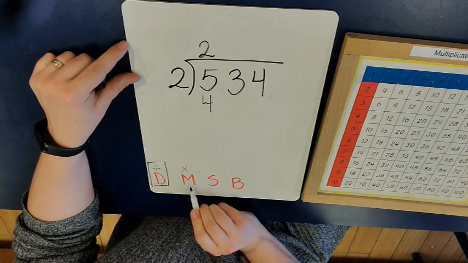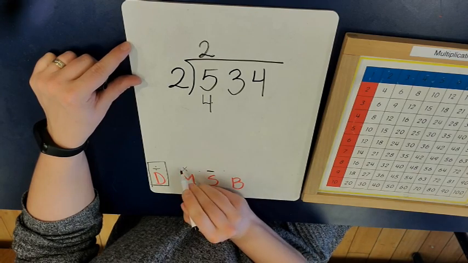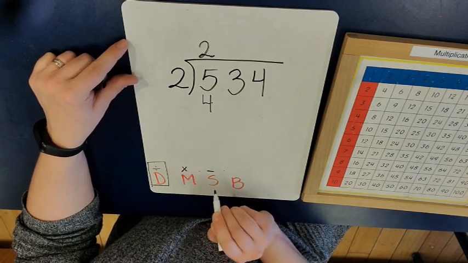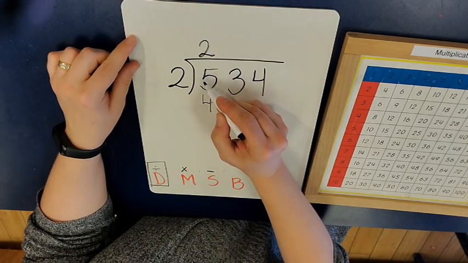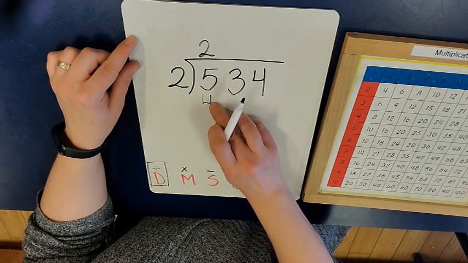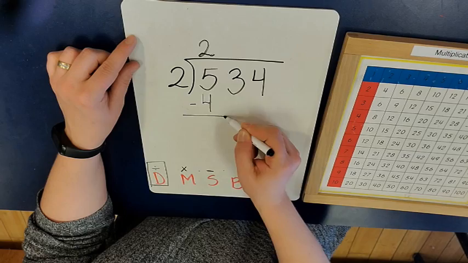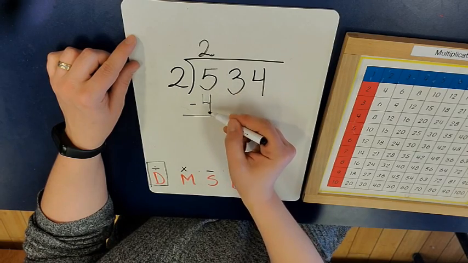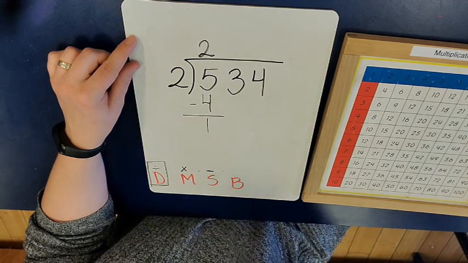That's the multiply step. The next step, S, subtract. Divide, multiply, subtract. I had 5. I was able to equally give out 4 of them. So there's my subtract: 5 take away 4 equals 1.